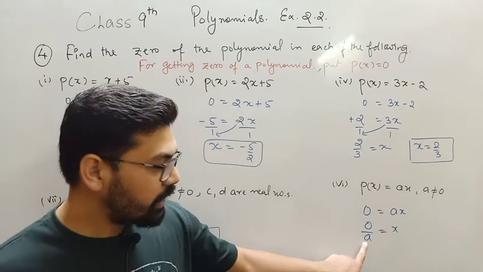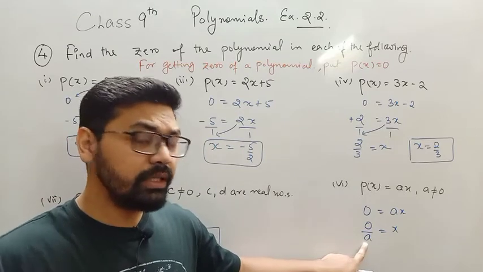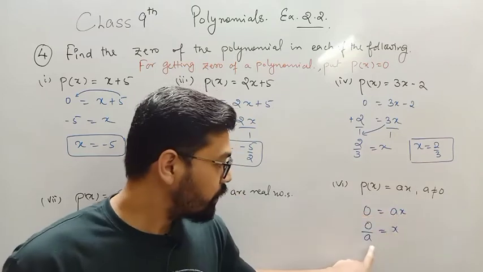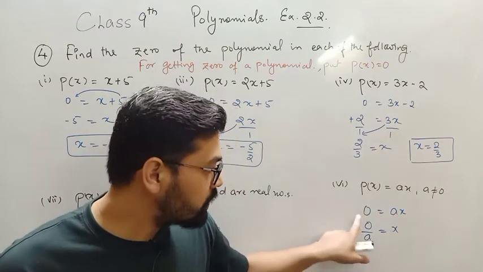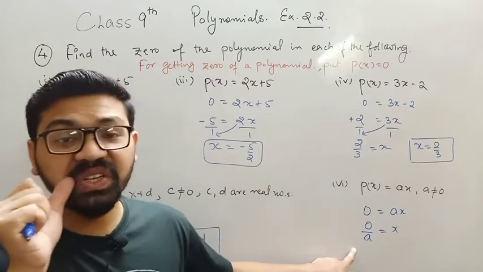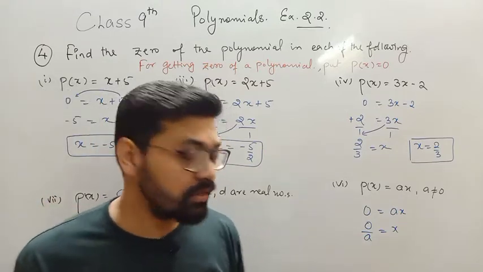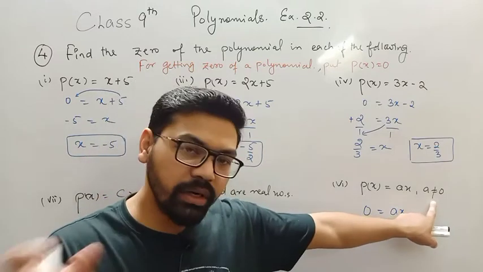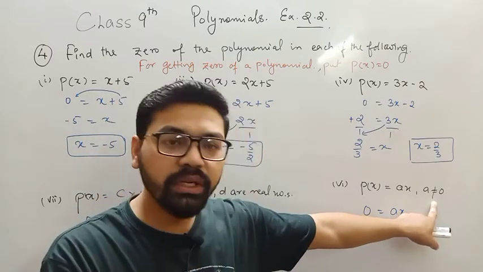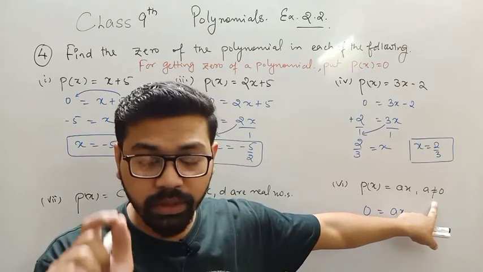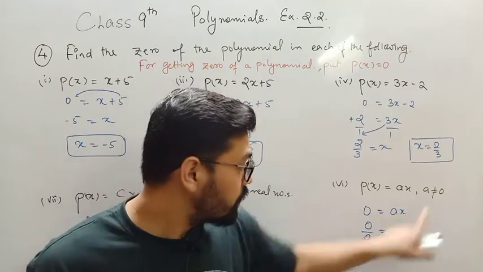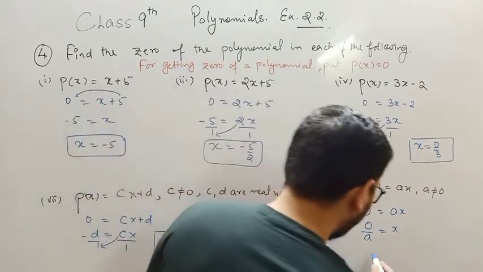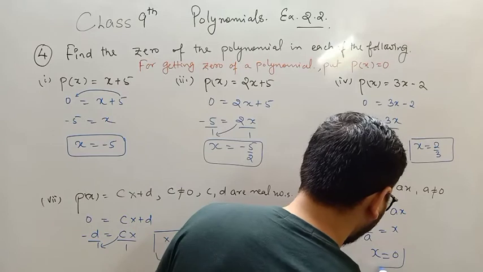If a were equal to 0, and this condition were not given, then we would get 0 upon 0, a special case that you will learn in higher classes. That's why the question already gives the condition that a must not be equal to 0. So 0 upon a is equal to 0, so the value of x is equal to 0.